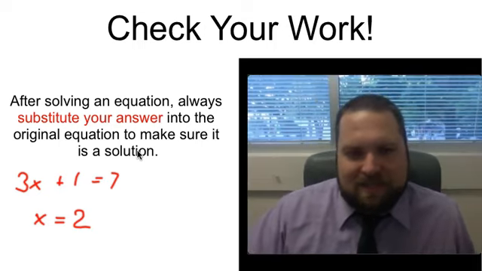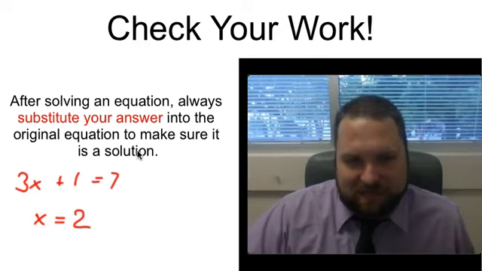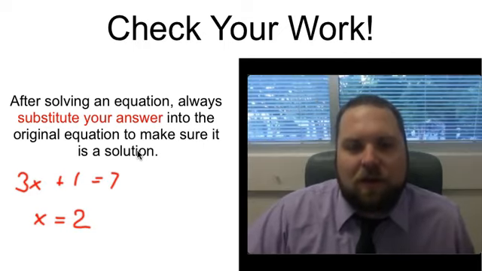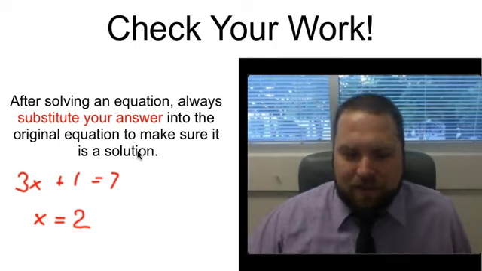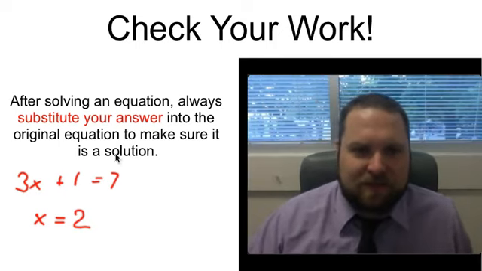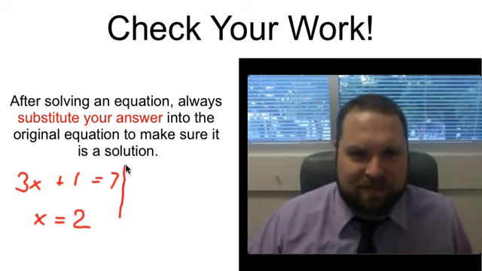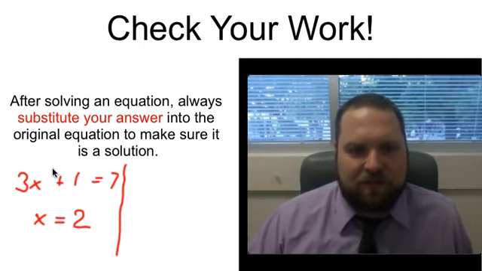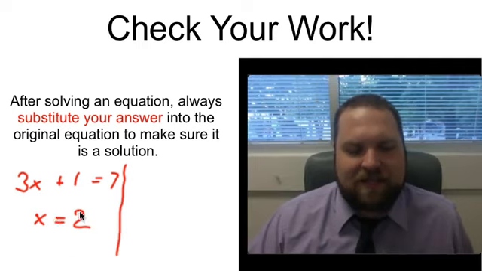Another nice thing, and this will come into play in just a second when we look at some examples, is that you can always check your work. If you're asked to solve, you should 100% of the time know if your answer is correct. Because once I have solved it, or I think I've solved it, take this equation here, 3x plus 1 equals 7, and then I'm getting the solution x equals 2.